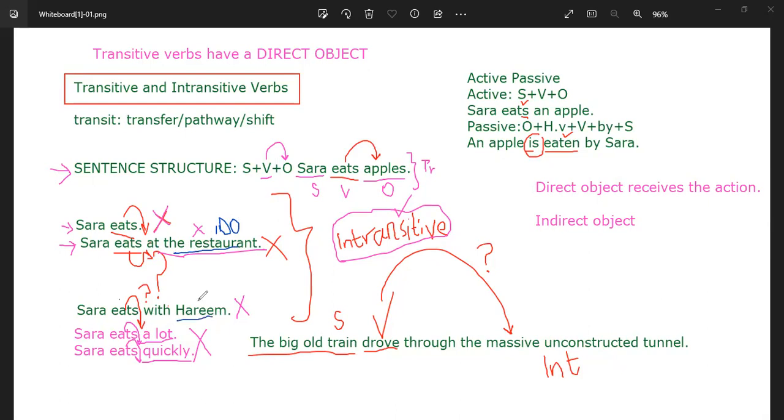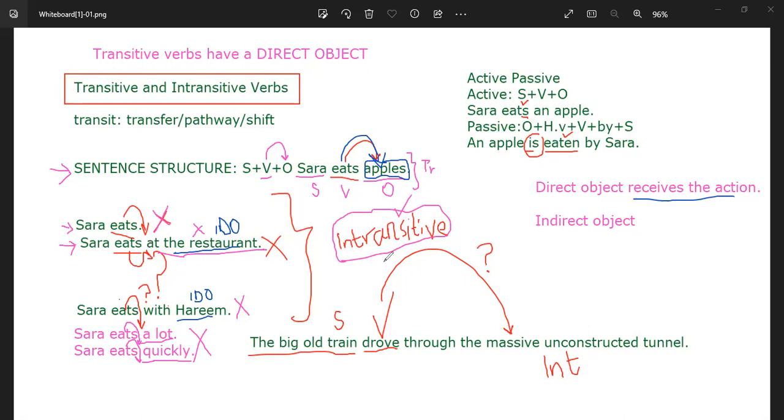Harim is an indirect object. It is not receiving the actual action. ठीक है, यहाँ पे macaroni लिखा होता, यहाँ पे apples लिखा हुआ है. Apples is a direct object because it is receiving the action. Eat is being performed on apples, right? So that's it. You do not need to define indirect object because that is only going to confuse you.